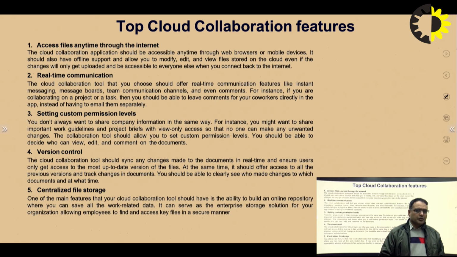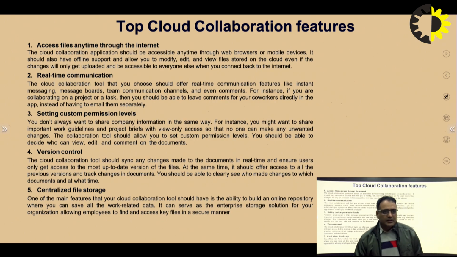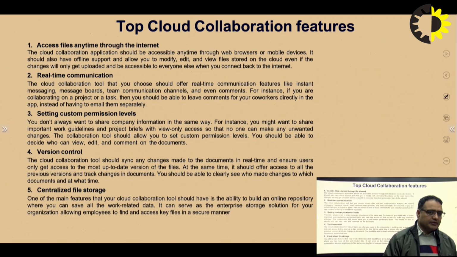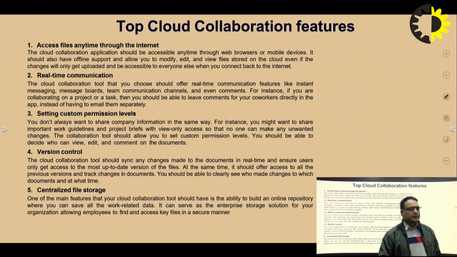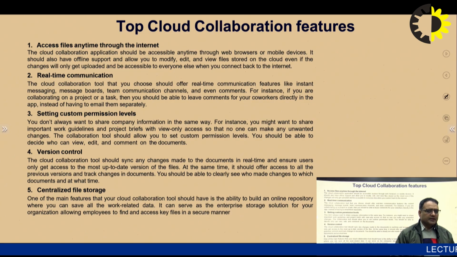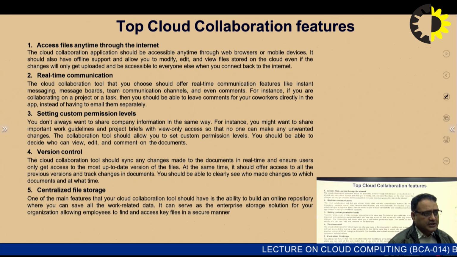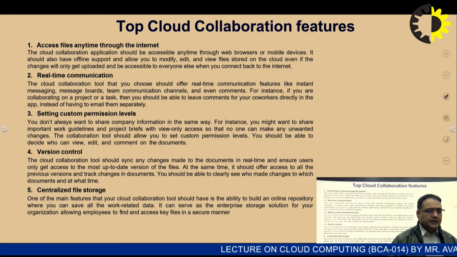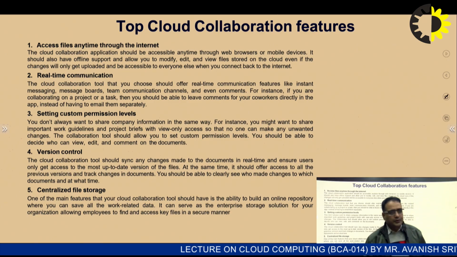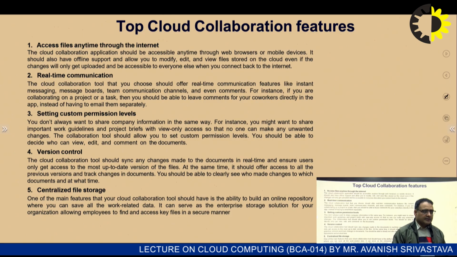It is not a good way to communicate with our colleagues every time via email. So real-time communication means different types of chatbots, messaging applications, and conferencing, by which you can communicate with our teammates and get the data.